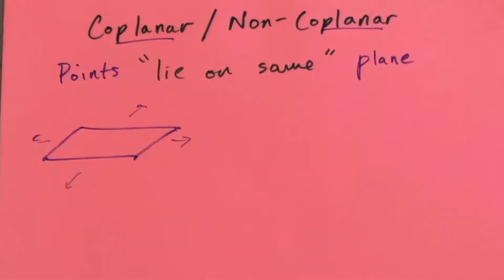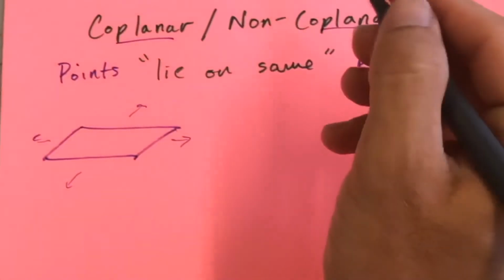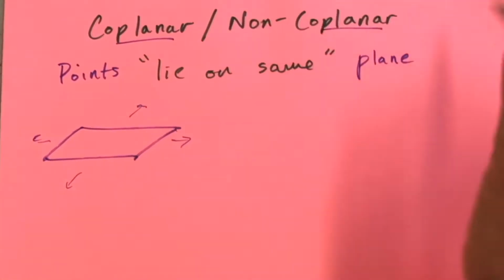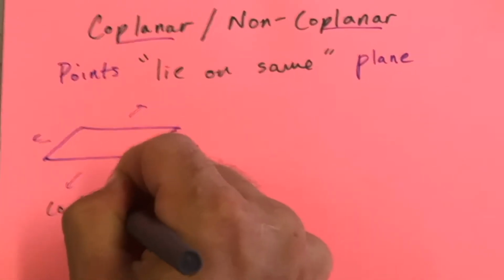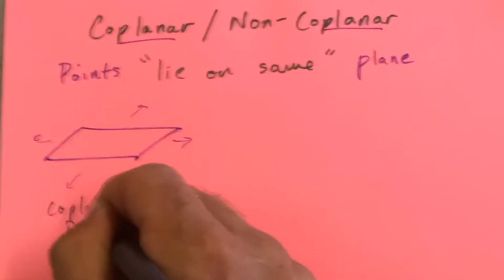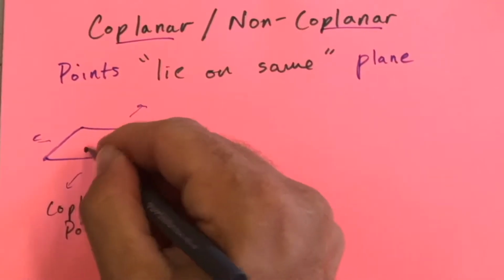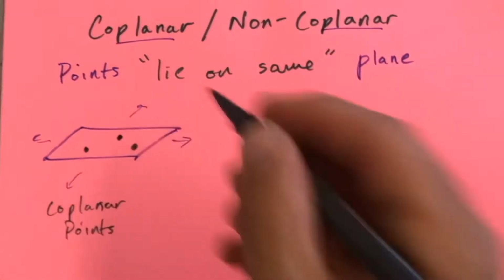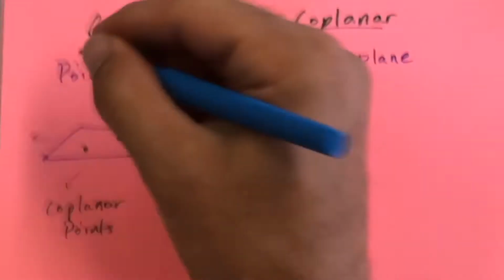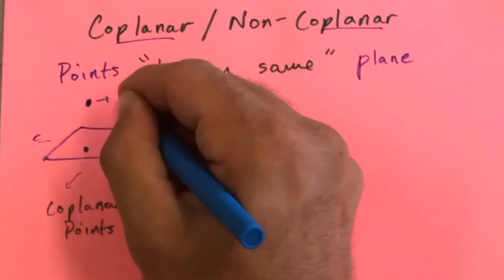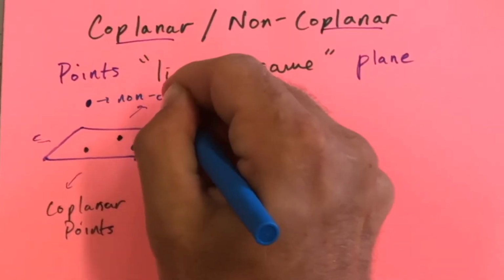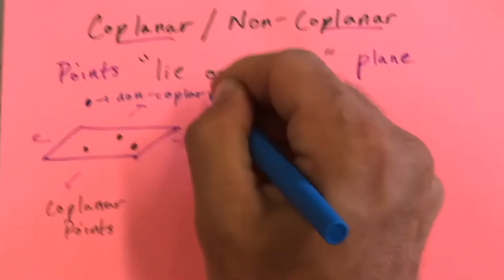Okay, and if we're dealing with points that are coplanar, we're talking about points that are on the same plane, that are lying on the same plane. Meaning that if I put a point kind of floating in space here, not on this surface, this would be considered a non-coplanar point here.